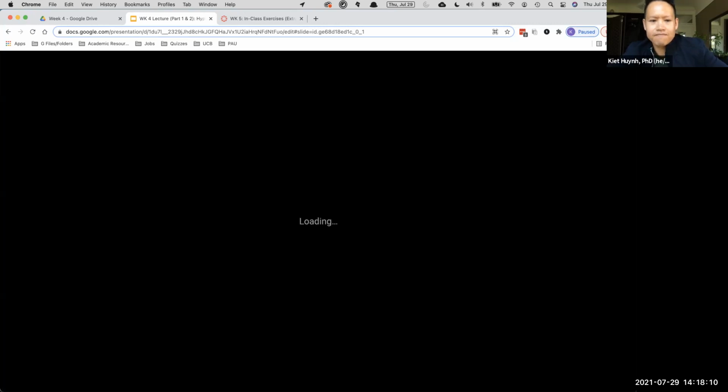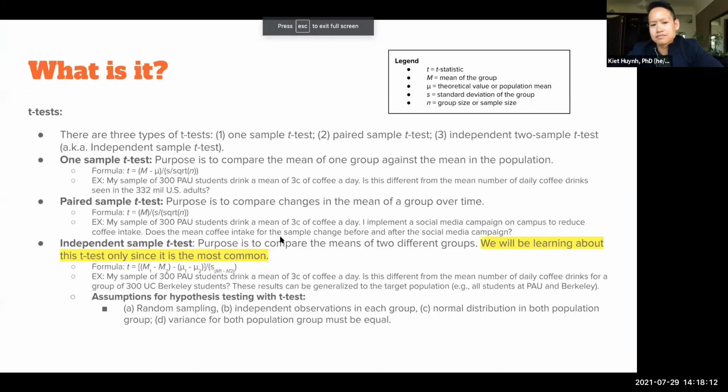Okay. All right, three types of t-test. There's a one sample t-test, a paired sample t-test, and an independent two sample t-test, also called the independent sample t-test. We'll just call it that, just for shorthand.